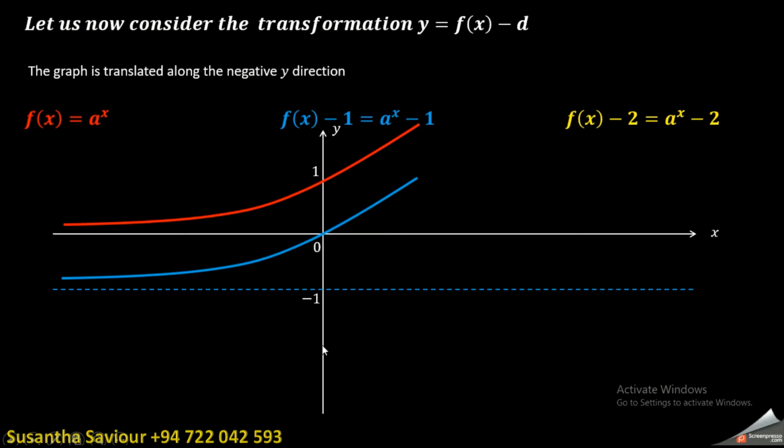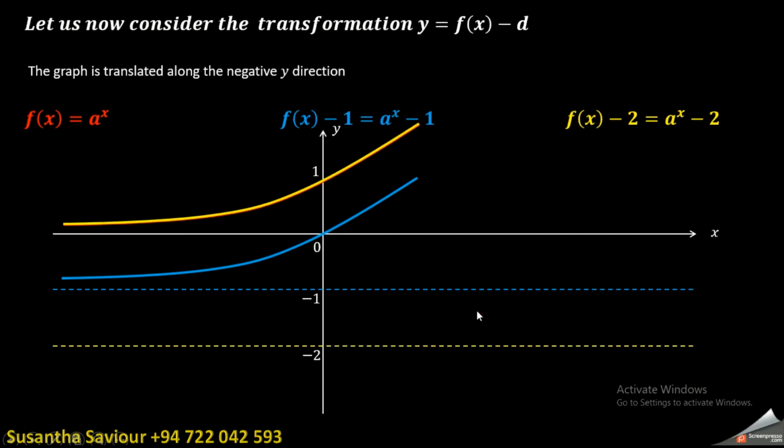Yes, 0 will go to minus 2, because it is moving down by 2 points. So our new asymptote will be minus 2. We will first draw the new asymptote at minus 2 like this, and then we will draw this curve. This will come up to minus 1, and then it will go like this.